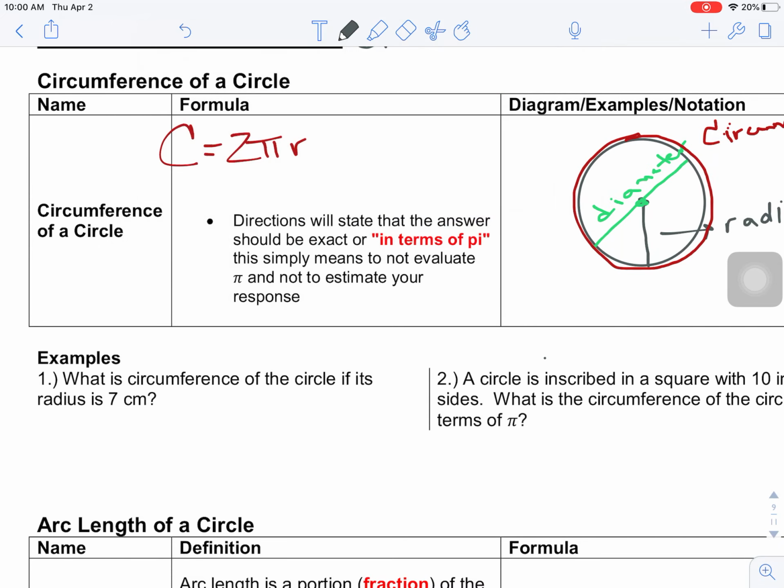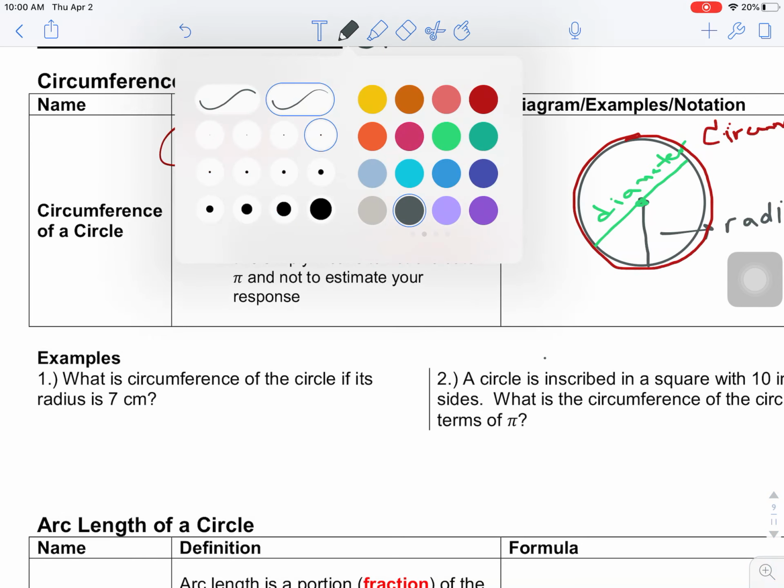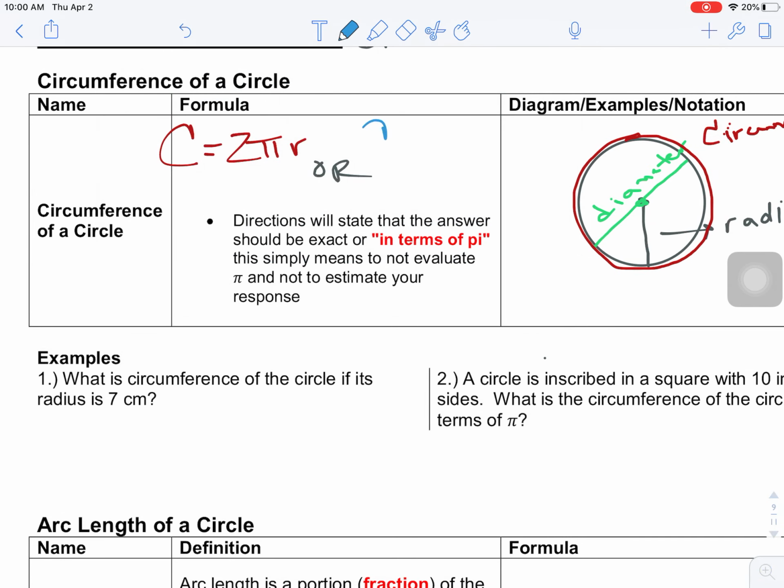Or if we're given a diameter, we can also calculate the circumference by taking pi times the diameter. Again, C is circumference, r is radius, and d is diameter.